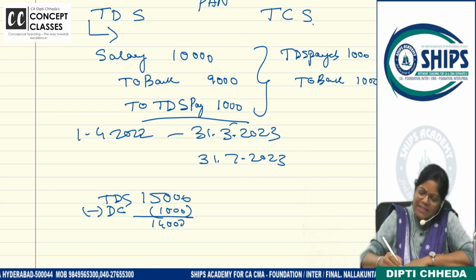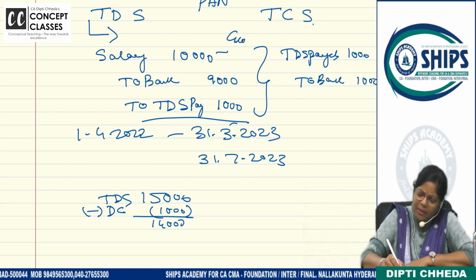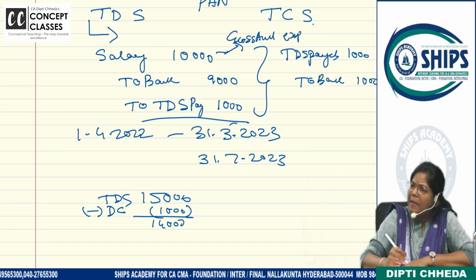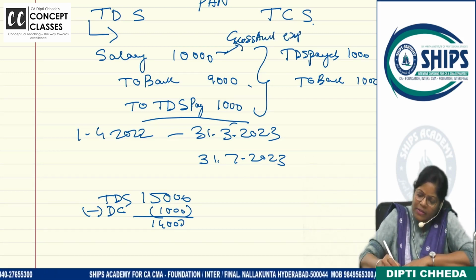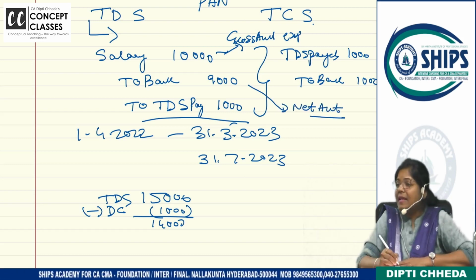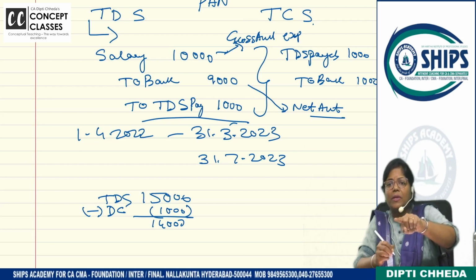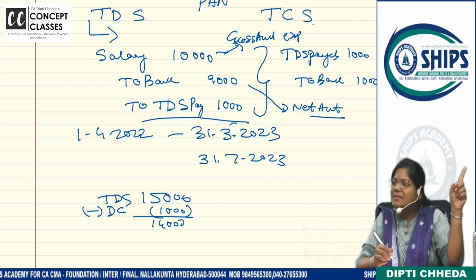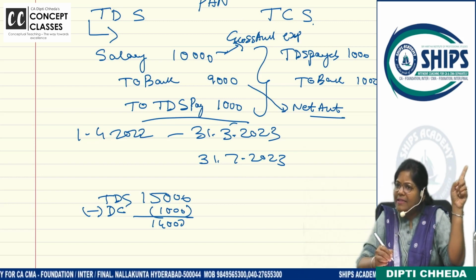Can I call this the gross amount? As my expense? Can I call this the net amount? In many chapters in the exam they give you the net amount, but what is my expense? Gross amount, 10,000.